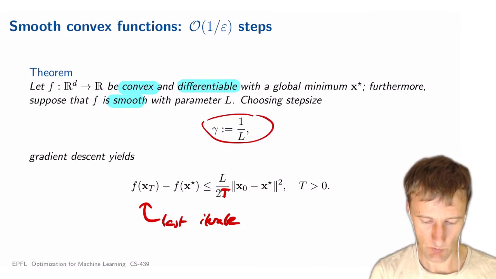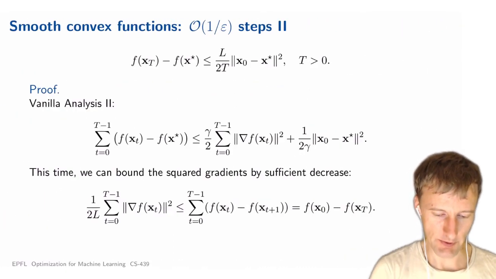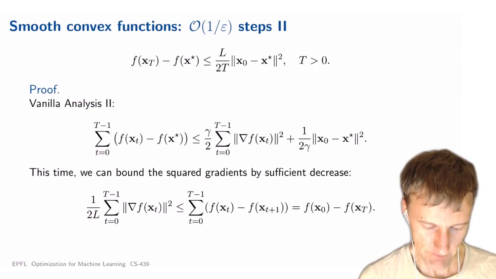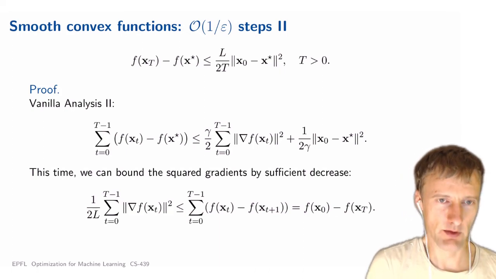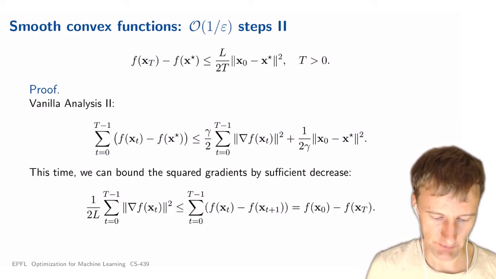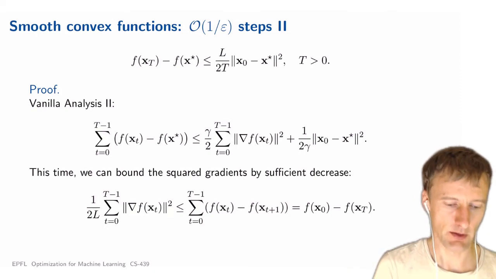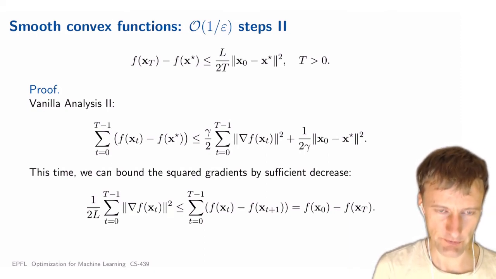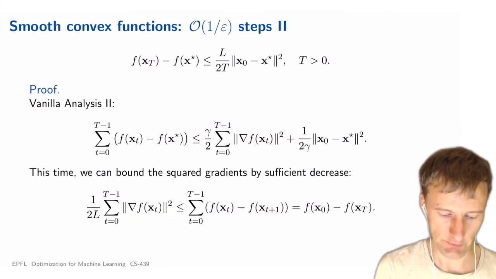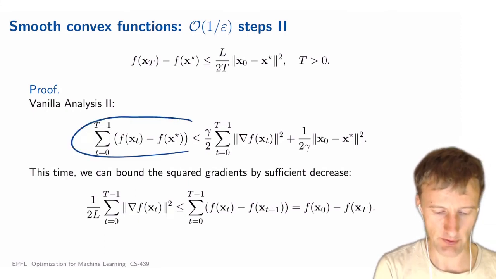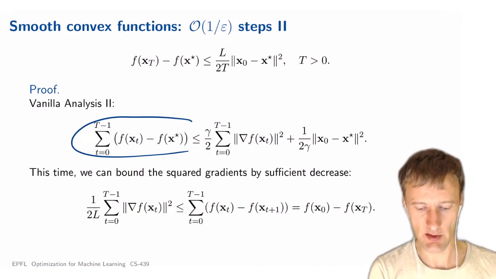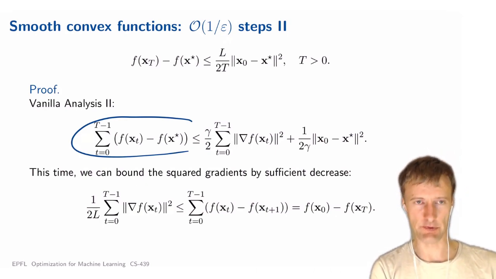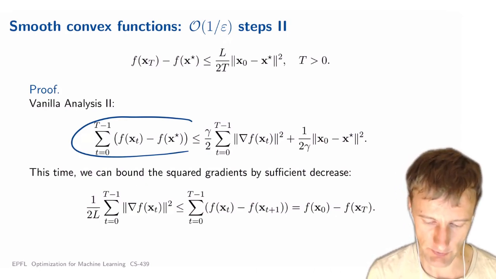So, why is this theorem true? Let's see if we can prove that. When we finished the vanilla analysis in the last theorem, this is what we had. We summed up these inner products, and that means we got the average error on the left side, and on the right side we got the sum of gradients, and we got the initial distance.